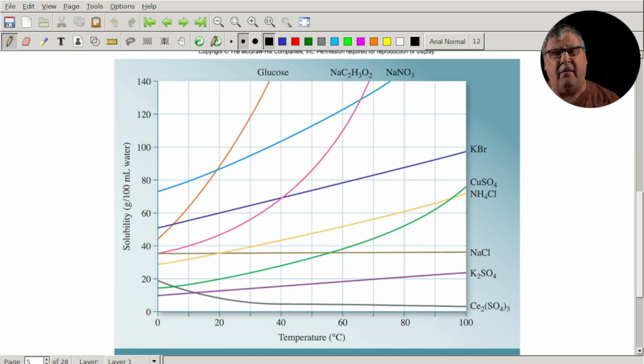If you have a mixture of those two salts in solution, you could bring the solution up to a really high temperature and saturate it with sodium nitrate and then cool it down to the point where the sodium nitrate will start to come out of solution. And what you'll be left with then is a solution that has more sodium chloride in it and still some sodium nitrate, but you could purify out pure sodium nitrate that way.